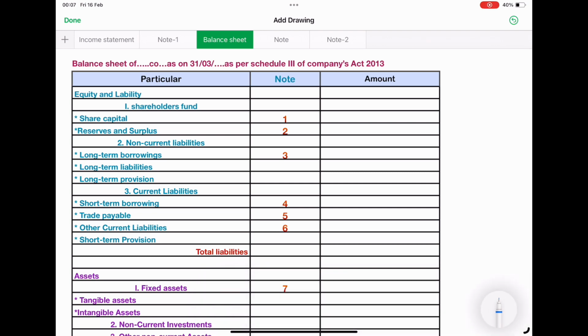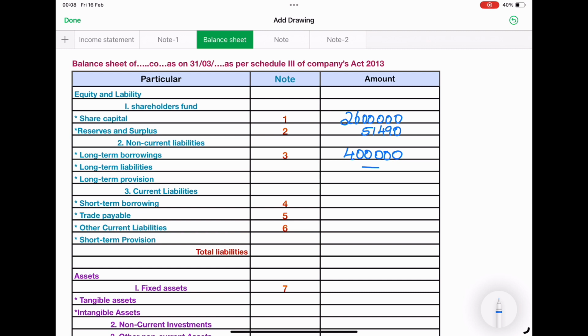So 26,000 and 51,490. Next, note 3, 4 lakh. Do we have other long-term liabilities? No, I think they have not given any other long-term liabilities. Long-term provision, do we have any long-term provision?